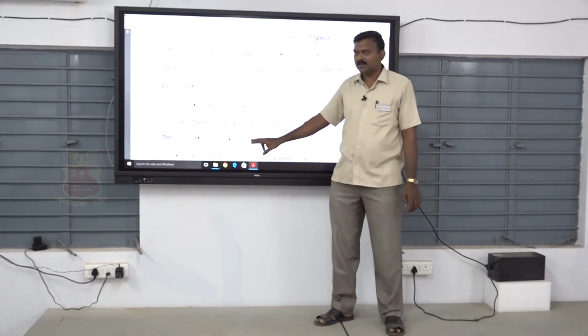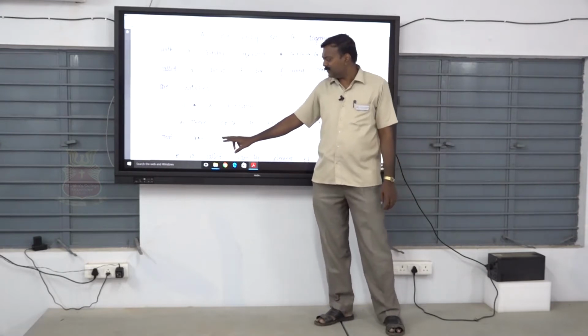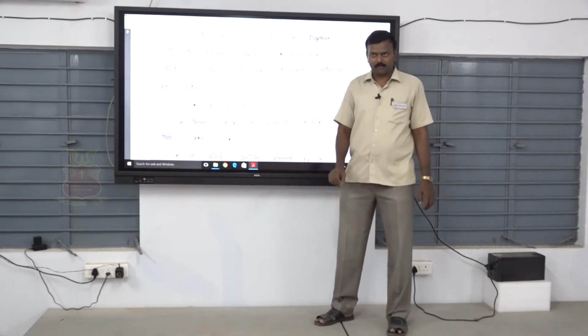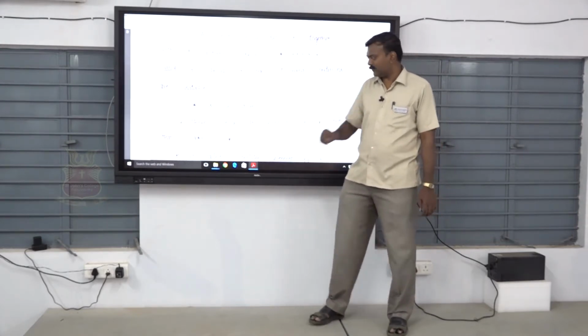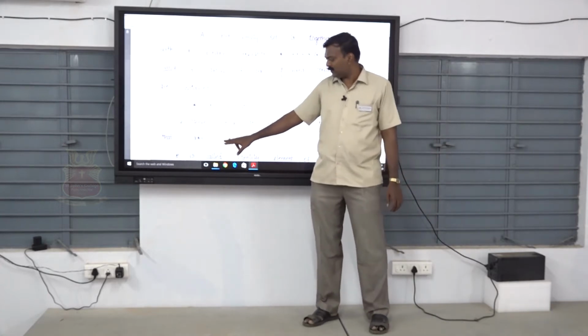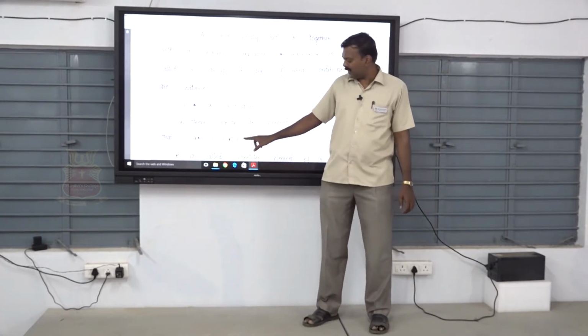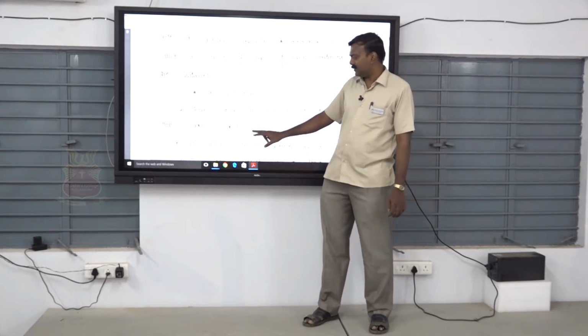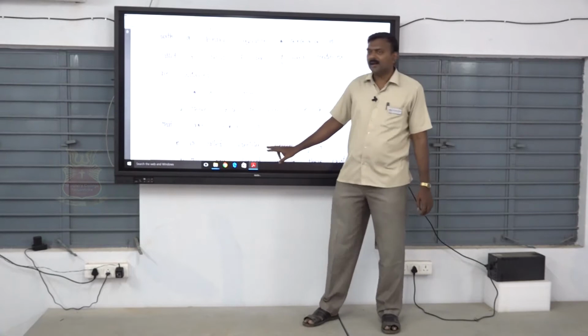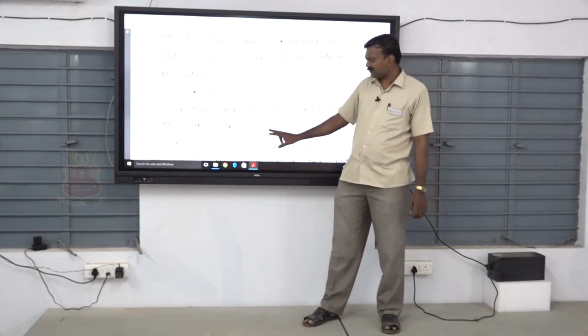That means, suppose we take the operation plus, then for any element, 2 plus 0 equals 0 plus 2 equals 2. Then 0 is called the identity element.